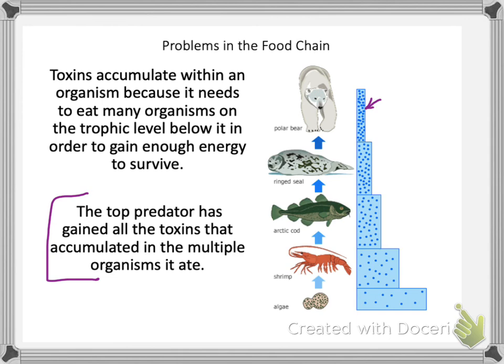Mercury is found in aquatic food chains, and as a result, it can be stored in the tissues, and mercury can lead to nervous system damage over time in our top predators, which is why the Food and Drug Administration recommends that you do not eat very much predatory fish, things like tuna, or shark, or swordfish, because those large predatory fish have a large amount of stored mercury in them. And if you eat them multiple times a week, you're gaining multiple doses of mercury, which can lead to high amounts in your body.